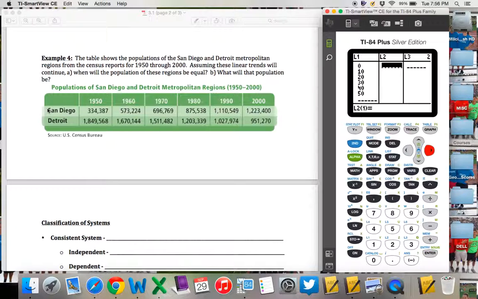Okay, in L2 I'm going to put San Diego. So 334,387. Okay, I'll stop talking so you can do it. So just go through and put San Diego's population into L2.